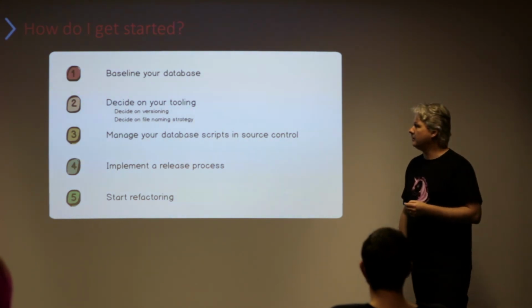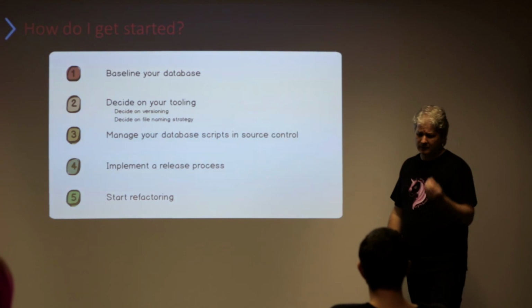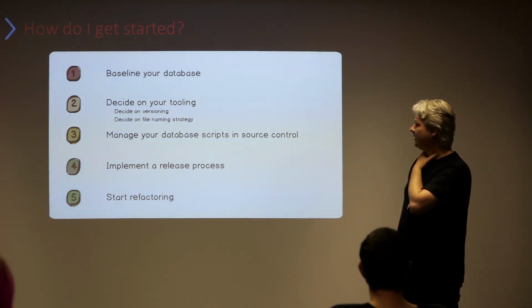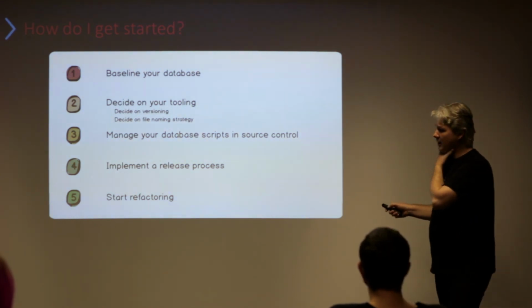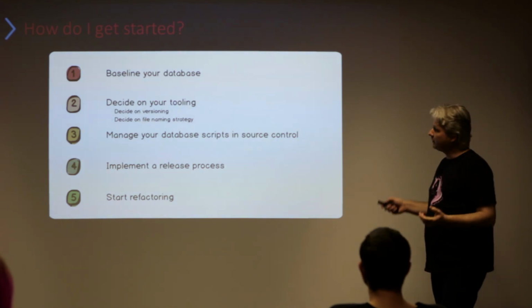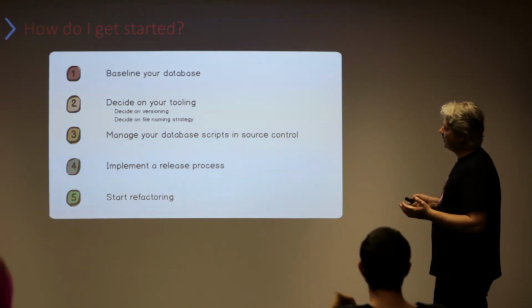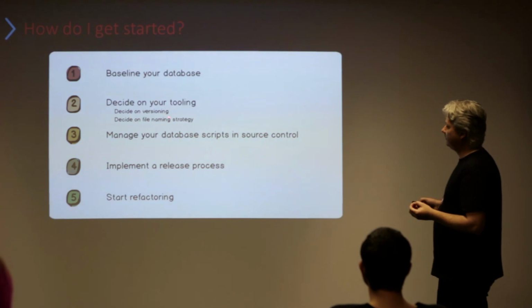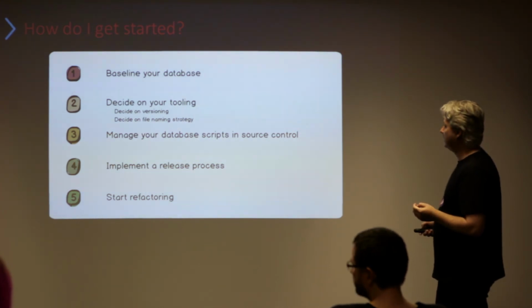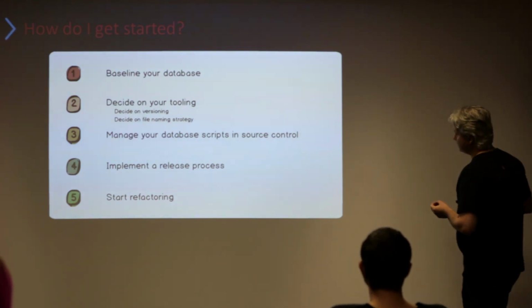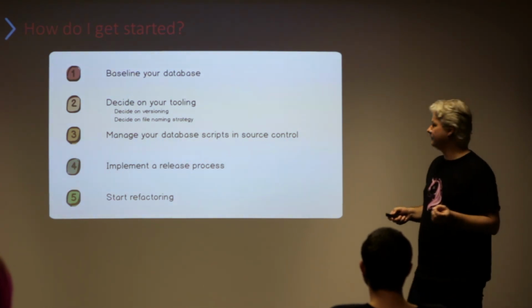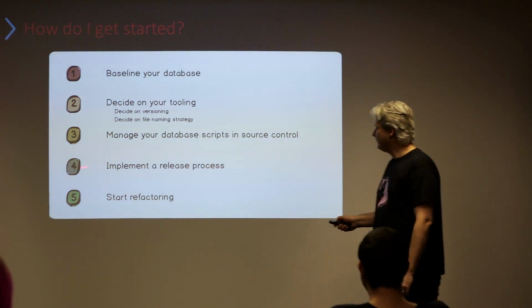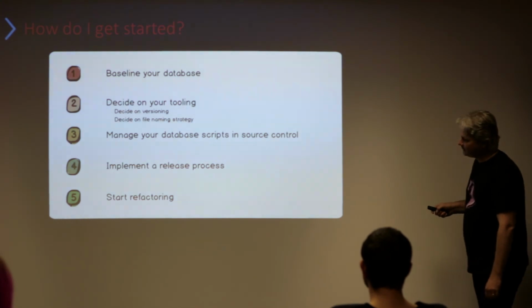There are a lot of command line tools to do it. In open source environments, I find it easier to baseline my database rather than shell out a lot of money. But baseline your database, decide on your tooling, decide on your versioning and your file naming strategy, and then manage your scripts under source code control, because your devs will love you from that point onwards. Then implement your release process and start refactoring.